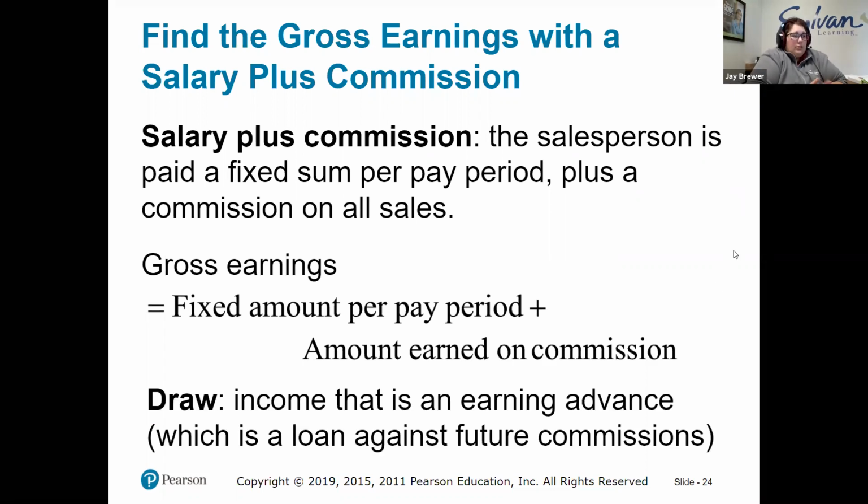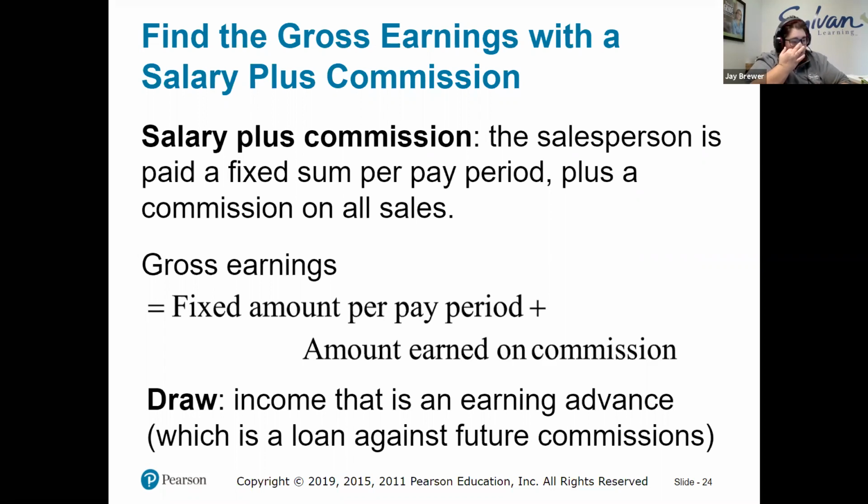So your gross earnings are found by fixed amount per pay period plus the amount earned on commission. Draw in income is an earning advance, which is a loan against future commissions. If you guys are going into some kind of field where commission is something you're going to be doing, I extremely recommend that you never ever do this, because you never know if you're going to make the commissions that you need to pay off such a loan.